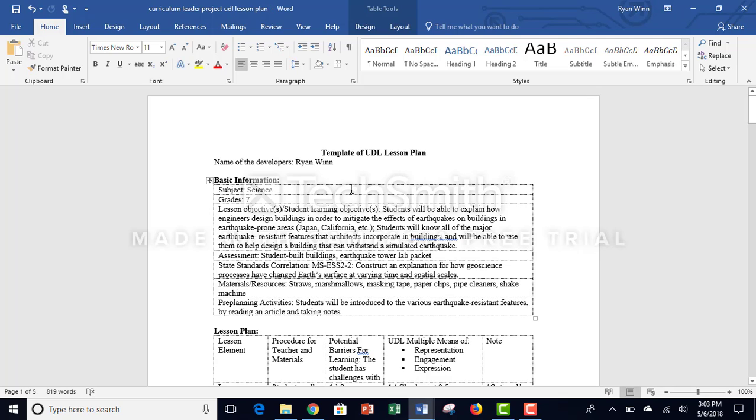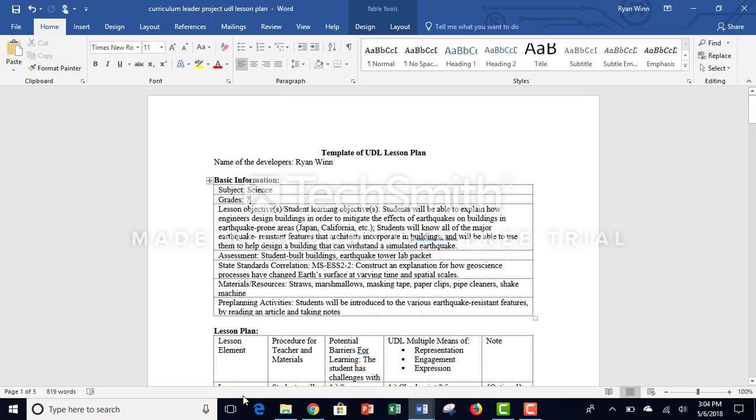Student learning objectives: students will be able to explain how engineers design buildings in order to mitigate the effects of earthquakes on buildings in earthquake-prone areas like Japan, California, and other places. Students will know all of the major earthquake-resistant features that architects incorporate in buildings and will be able to use them to design a building that can withstand a simulated earthquake.